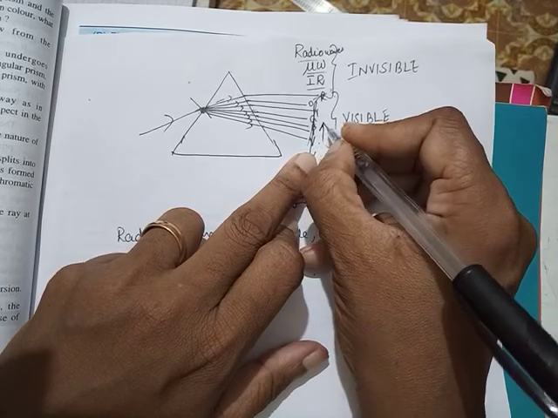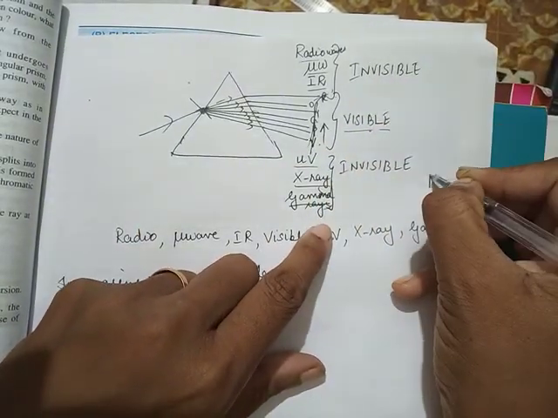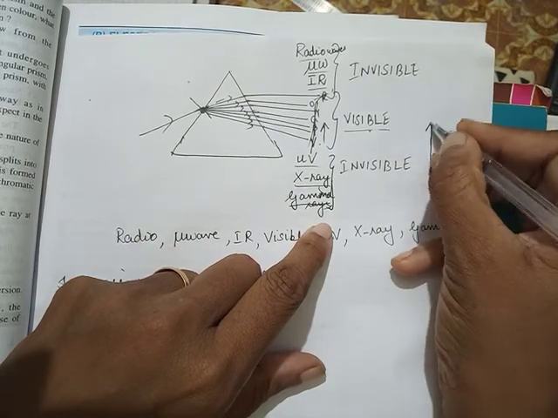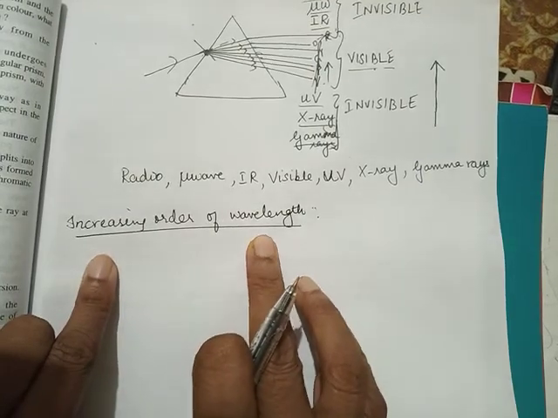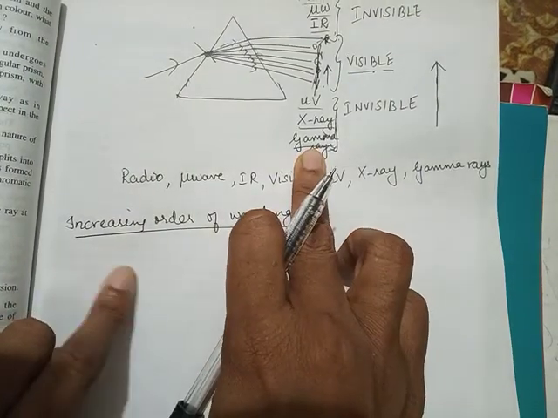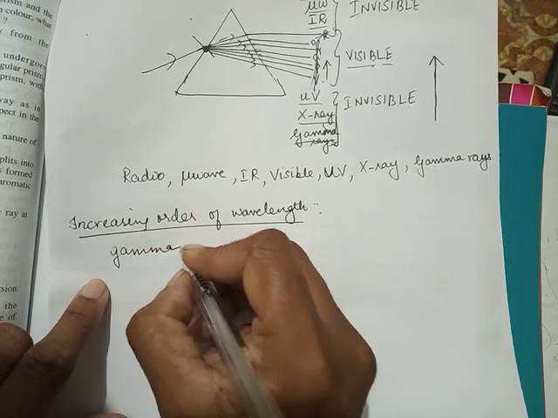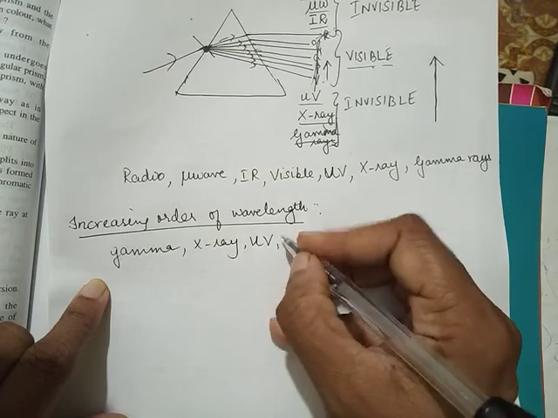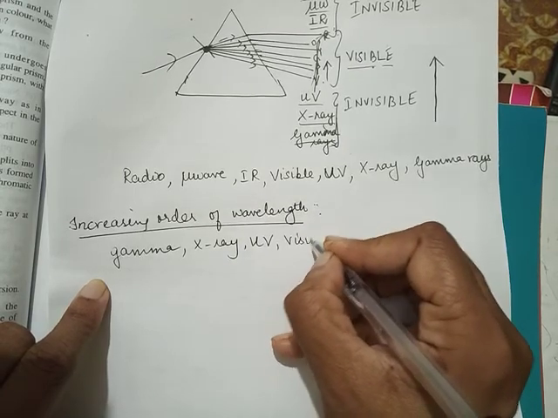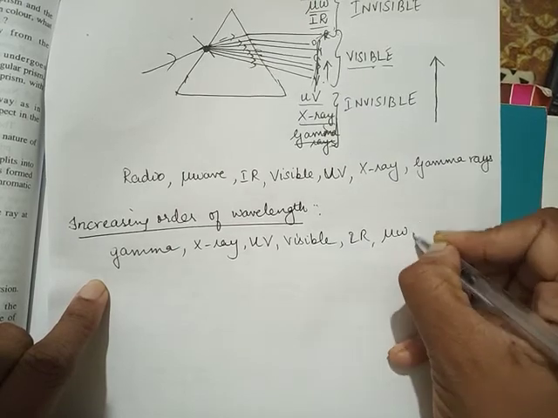From down to up, wavelength is increasing. The same will be true for the whole spectrum. So if they ask you for an increasing order of wavelength, gamma will come first. So you will write gamma first, followed by X-ray, followed by UV, followed by visible, IR, microwave and radio wave.